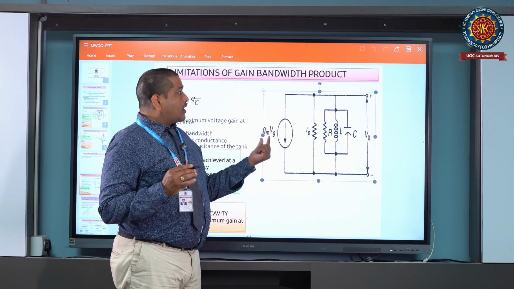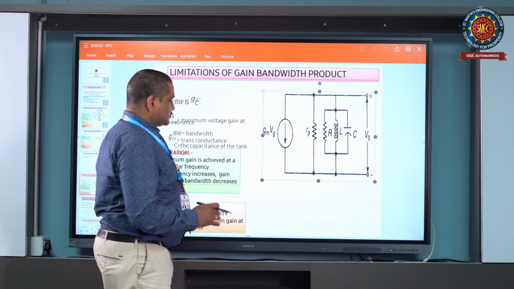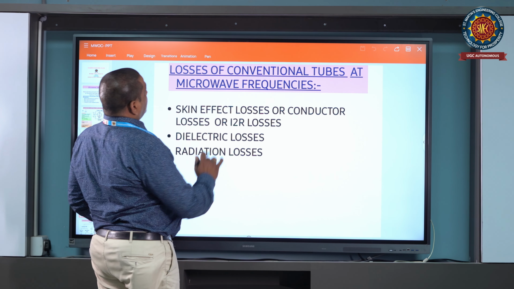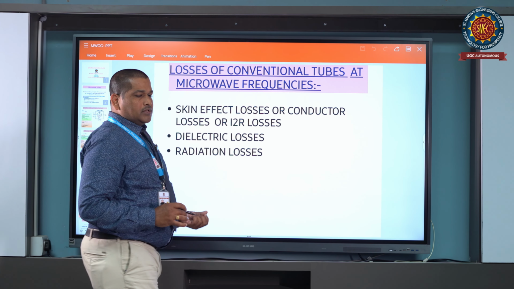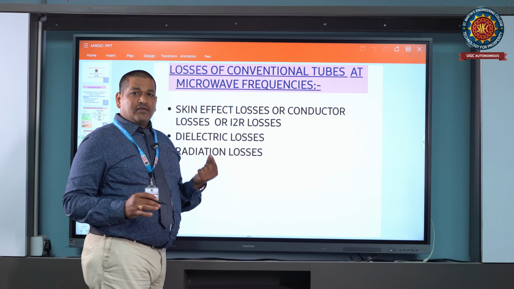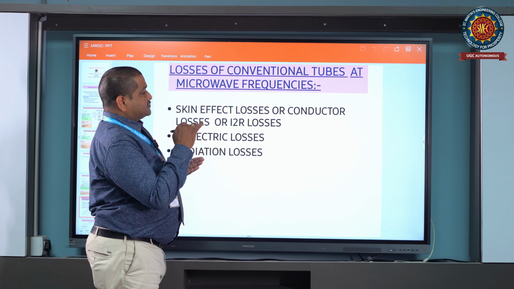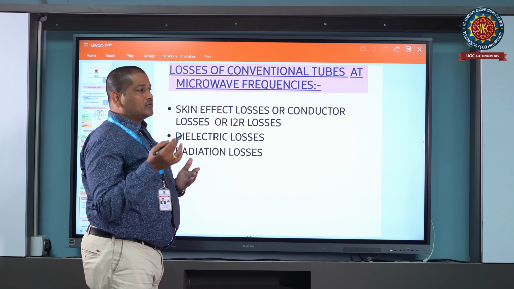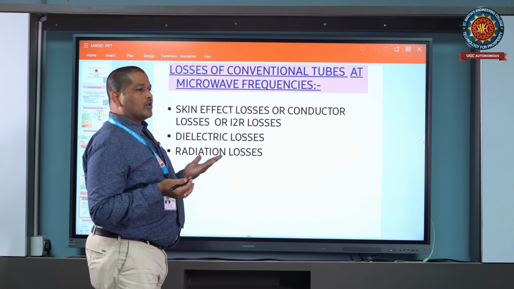The next loss is skin effect loss, that is skin depth. At higher frequencies, the electrons stay on the surface of the device. They are not penetrating into the device. That causes I square R losses.